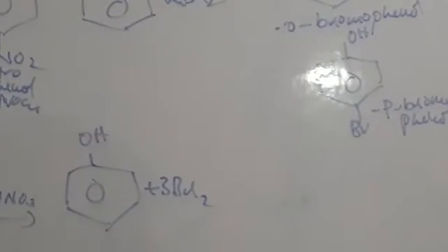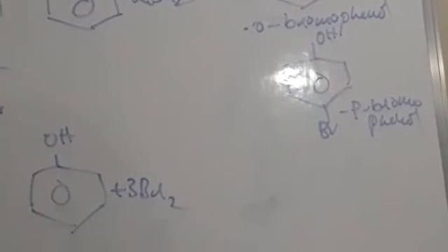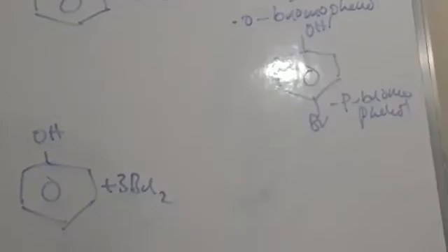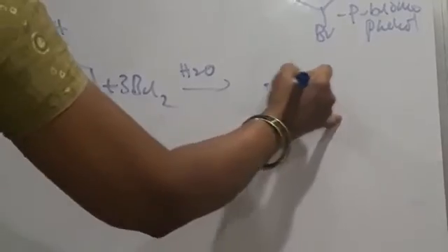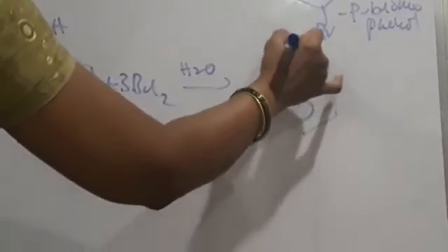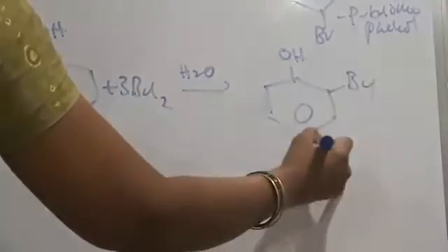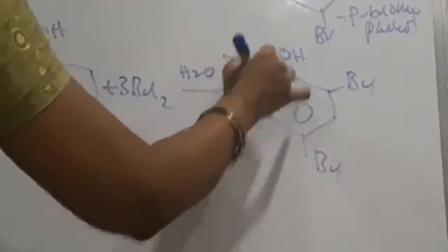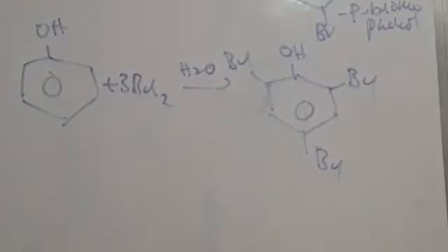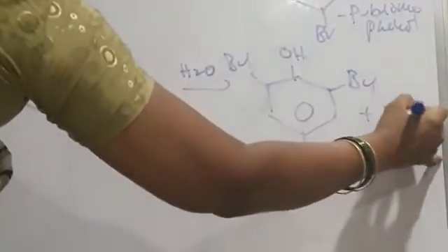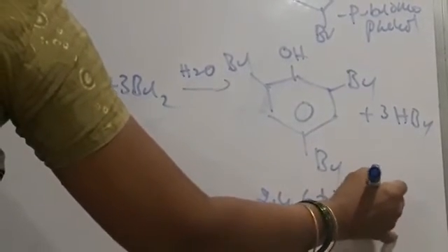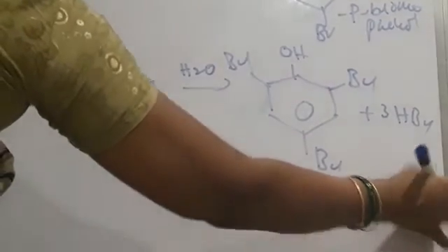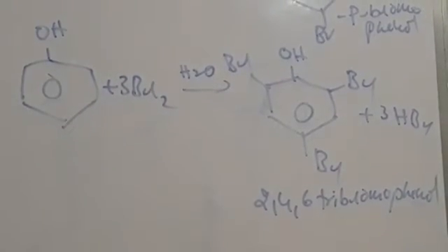To get the tri-substituted compound, the number of moles of bromine required is 3. So in presence of H2O, we get the tri-substituted bromo compound, 2,4,6 tribromophenol. So this is the halogenation reaction.